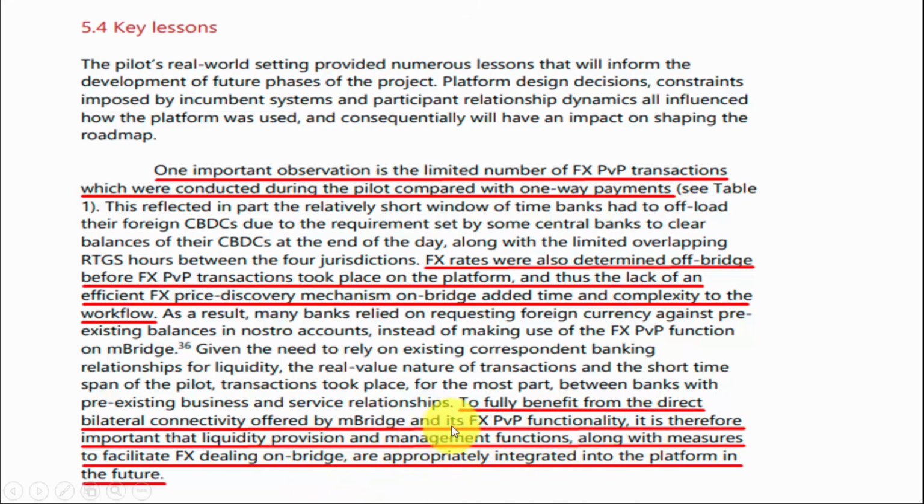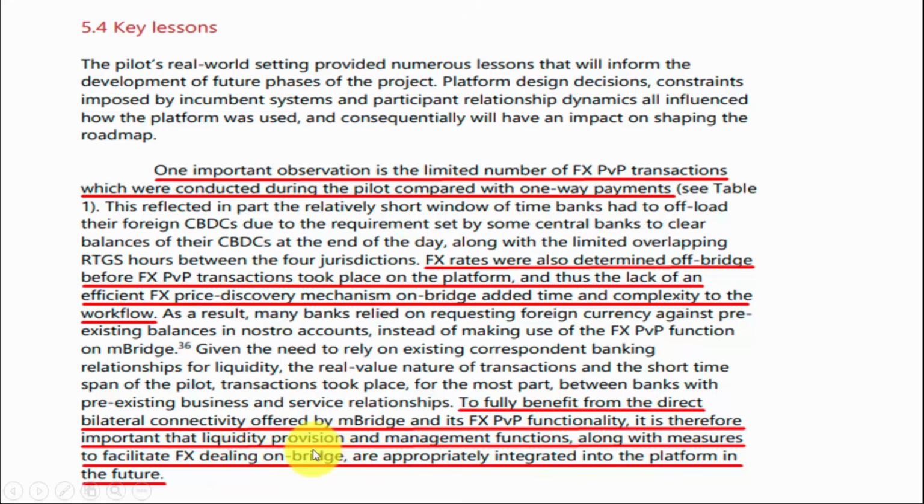So this is what they discovered from the pilot: they are going to need liquidity provision and management functions, as well as measures to facilitate FX dealing on bridge, maybe price discovery for FX dealings.